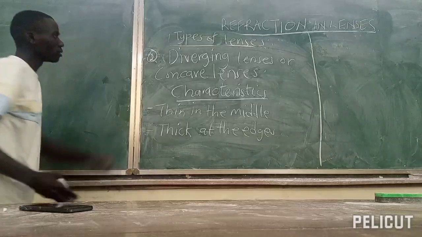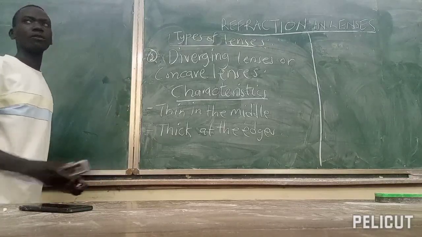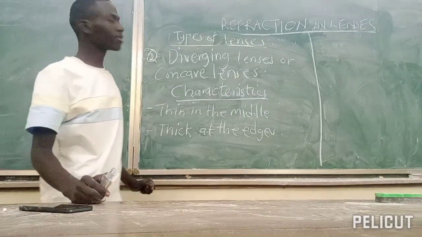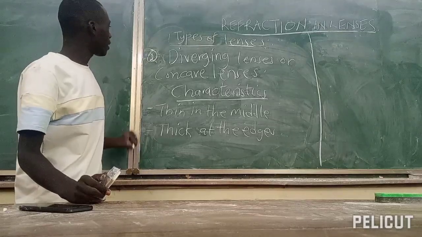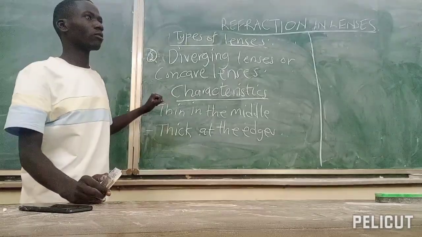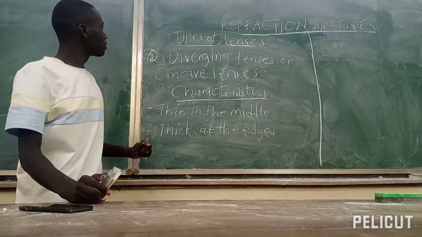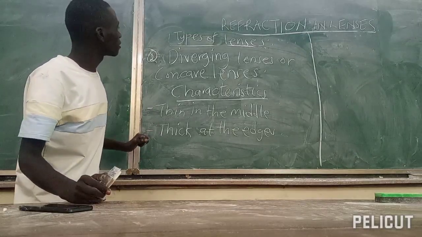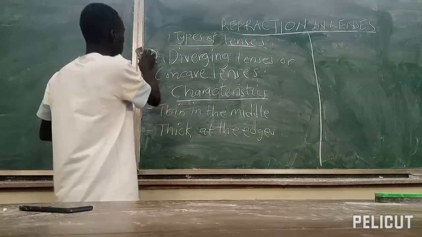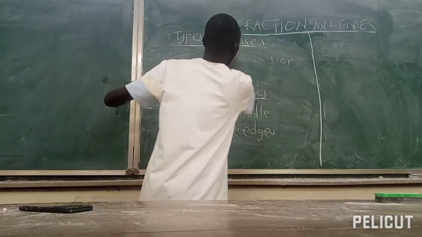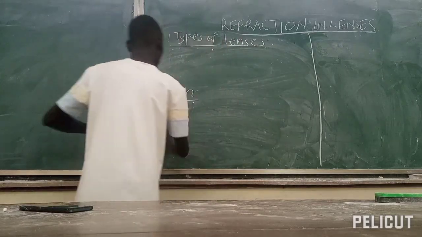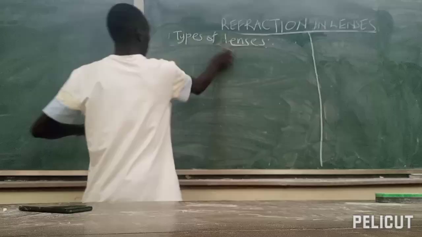So let us look now at how the process of refraction occurs in each lens. In other words, how the light rays move in each type of lens. Let us start with the first one we had, a converging lens.